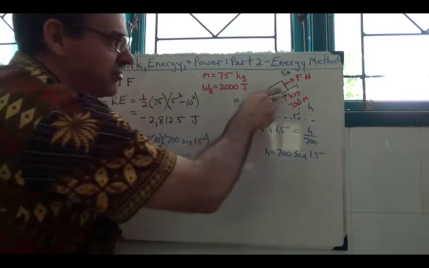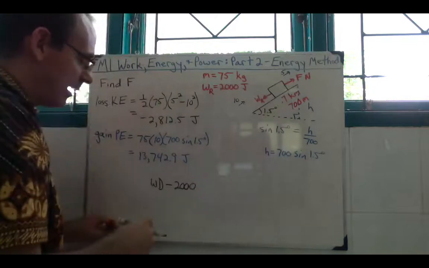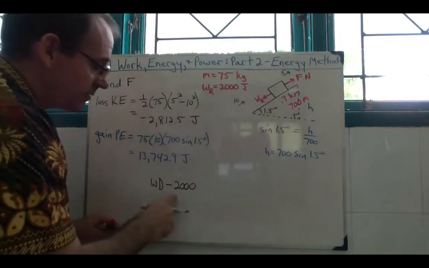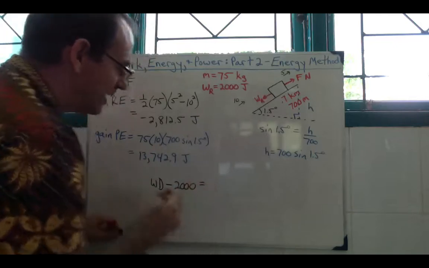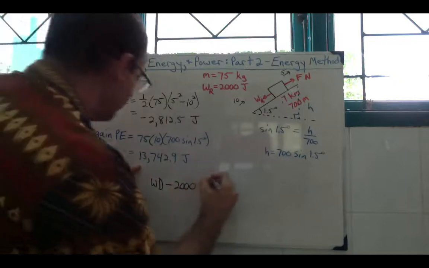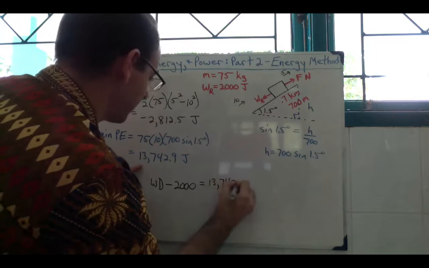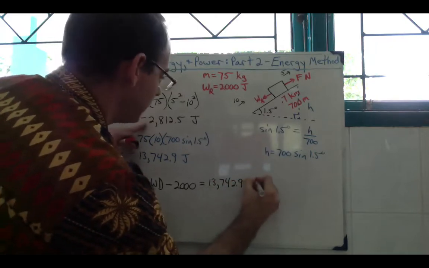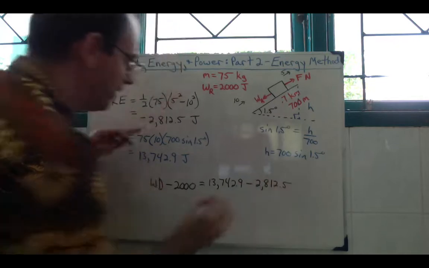Okay, so the driving force is going one way and work done by it. And then we have the 2,000 going this way, and that is equal to our PE plus KE. So since this one is positive, I'll write it first, minus the 2,812.5.